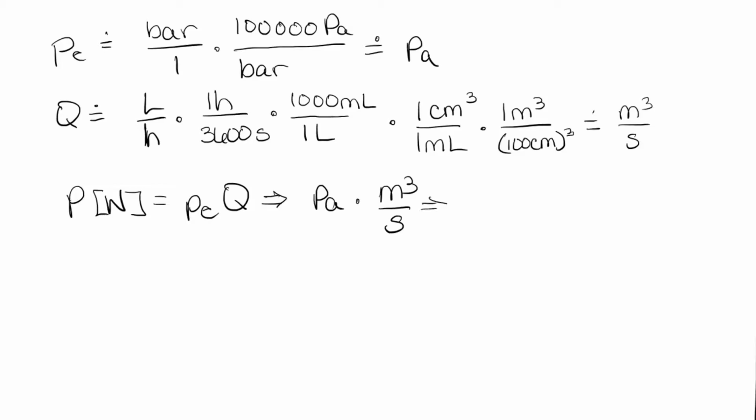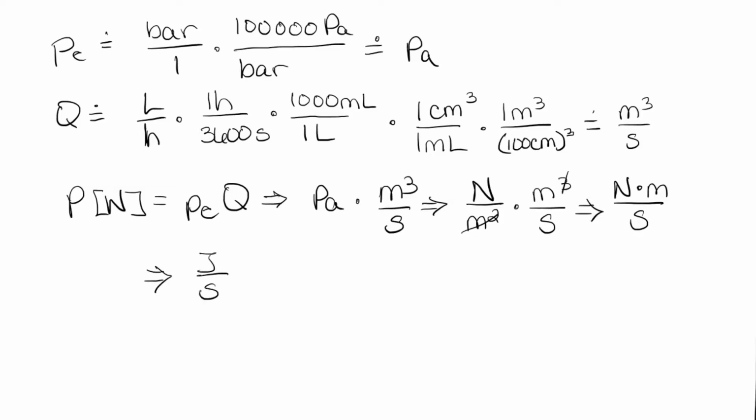And we can recall that a pascal is a Newton per meter squared, as it's a pressure. And I'm going to multiply that by a meter cubed per second. So the meters on the bottom are going to cancel out, and I'm going to be left with just the 1 meter on the top, giving me Newton times meter per second, which is the same as saying a joule per second, which is, in fact, a watt.